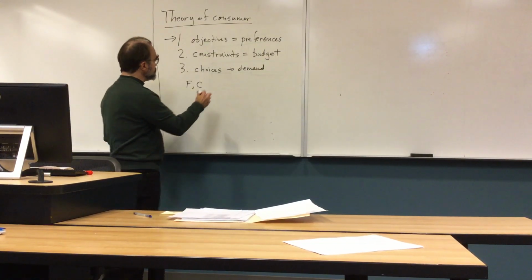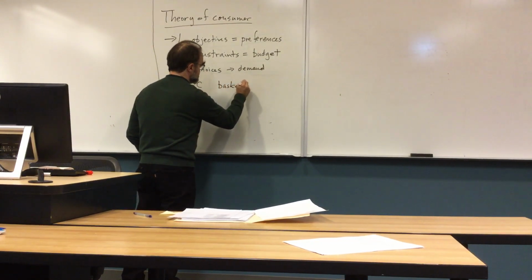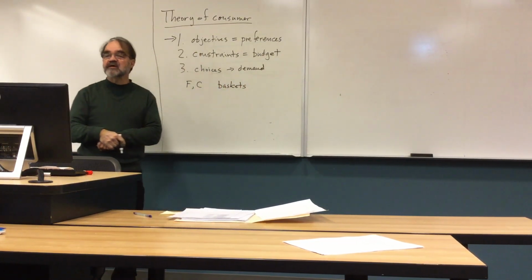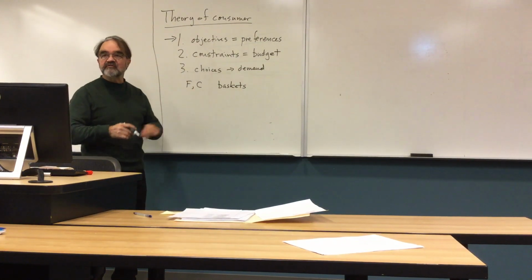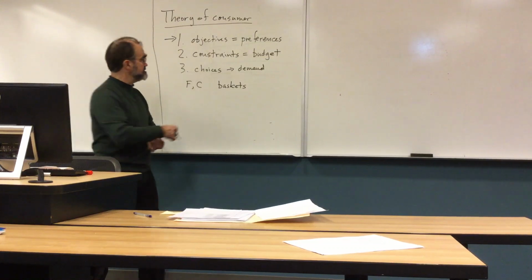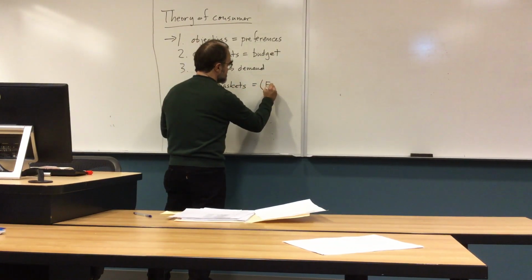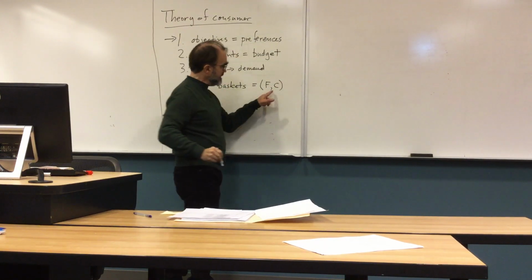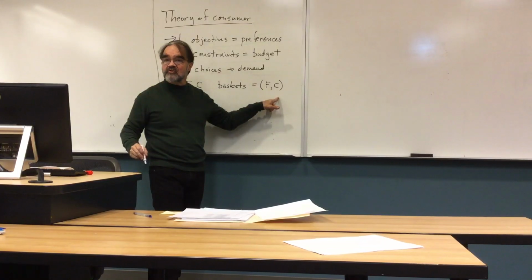So, and we're going to talk about market baskets. So a market basket is a combination of an amount of food and clothing, and we're going to denote a market basket as the amount of food and the amount of clothing.